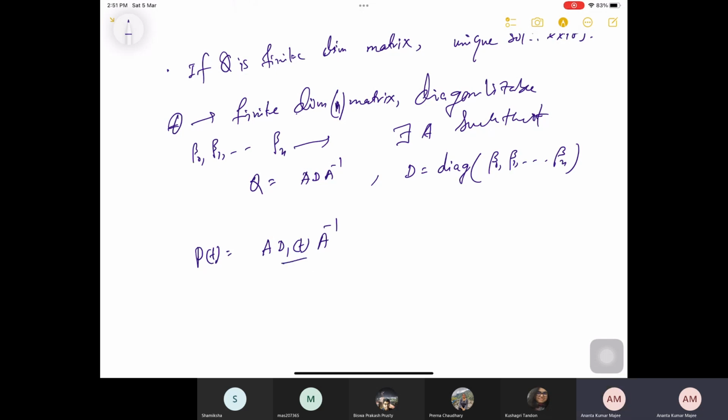Okay, then what is your D1 now? D1 of t is again the diagonal matrix, but now the diagonal entries are e to the power beta 0 t, e to the power beta 1 t, up to e to the power beta n t. Sorry, beta n t, because time t should be there.